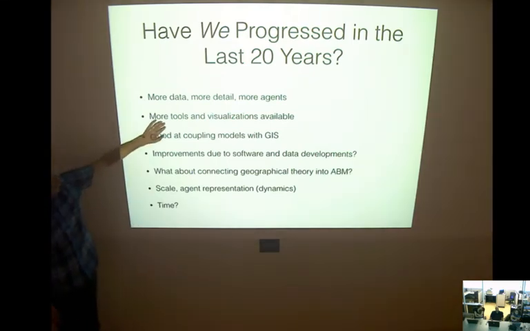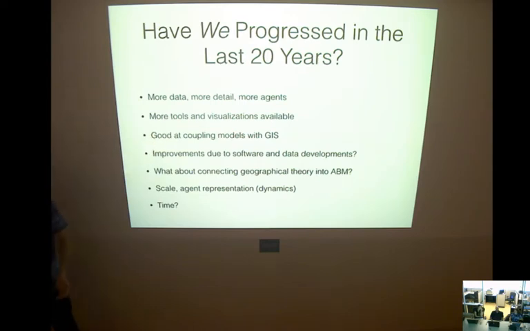We have more tools and better visualizations of agent-based models than we did 20 years ago. Traditionally, they were slow, and you wouldn't have very good visualizations at all. Now we can easily visualize them with the GUIs built into, say, NetLogo, Mason, Recast, and things like that. There's more tools for building agent-based models.